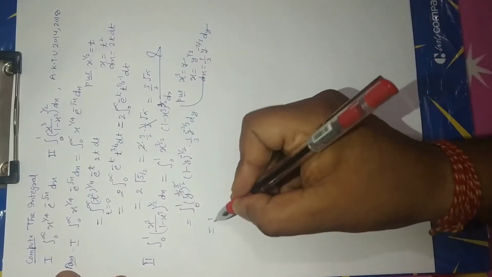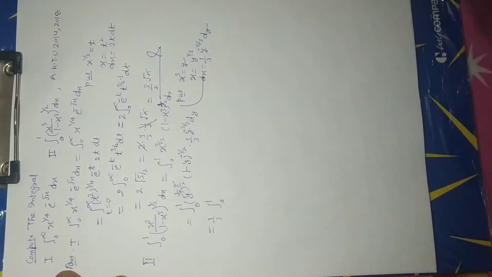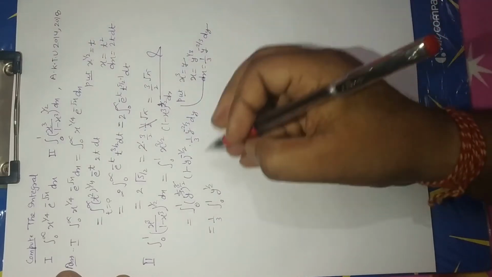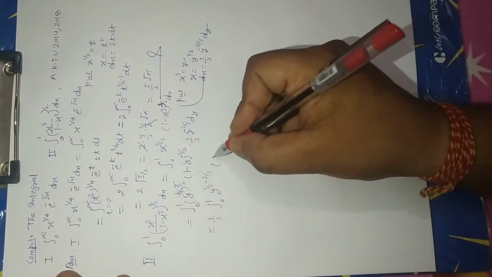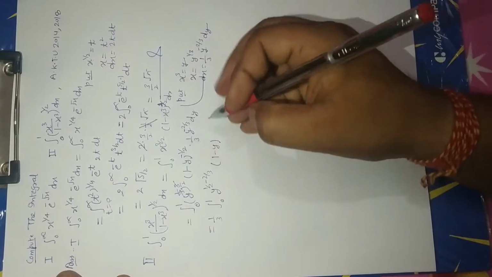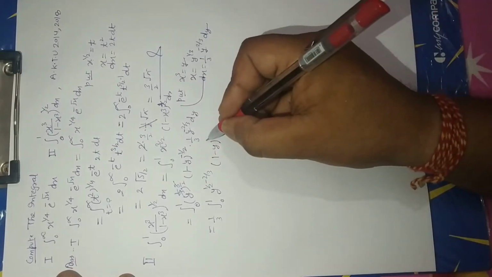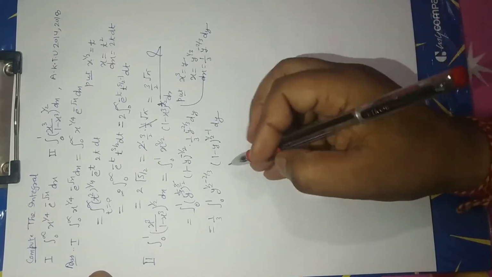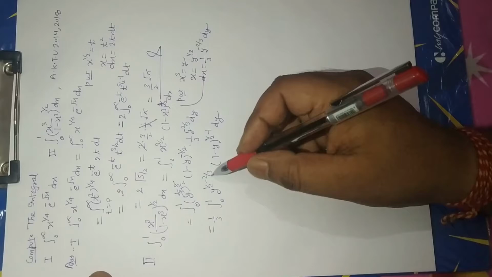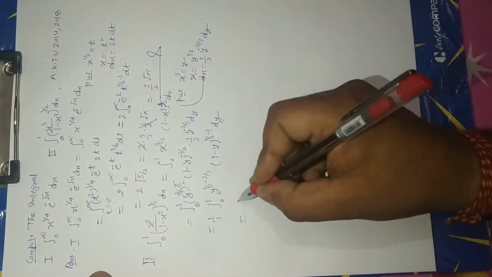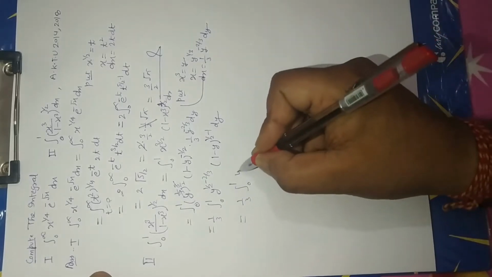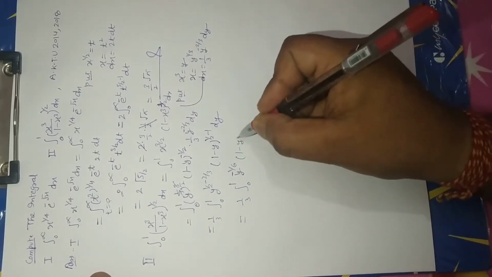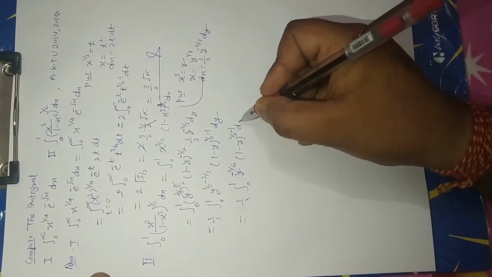Now 1 upon 3 integral limit 0 to 1 y to the power 1 by 2 minus 2 by 3, (1 minus y) whole power 1 by 2 dy. Now calculating this, 1 upon 3 integration limit 0 to 1 y to the power minus 1 by 6, (1 minus y) whole power 1 by 2 dy.